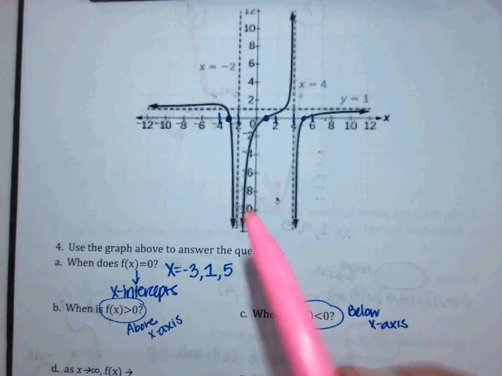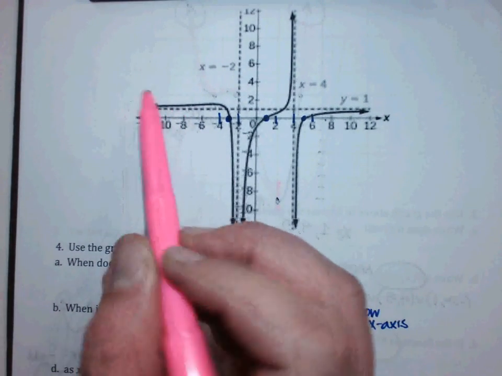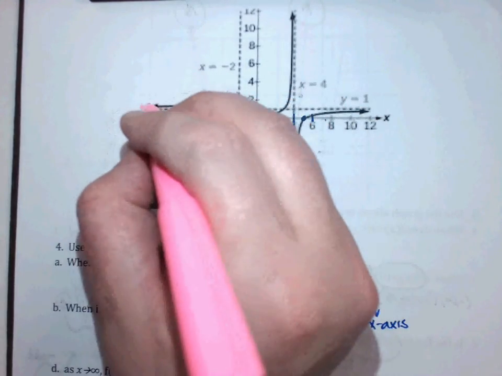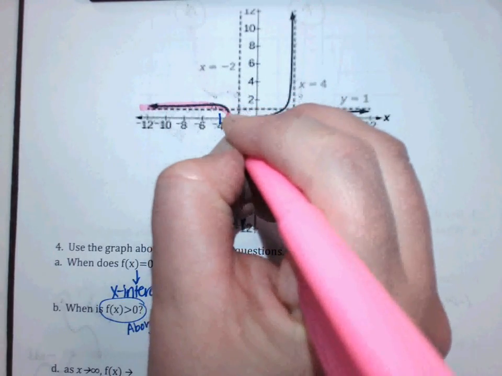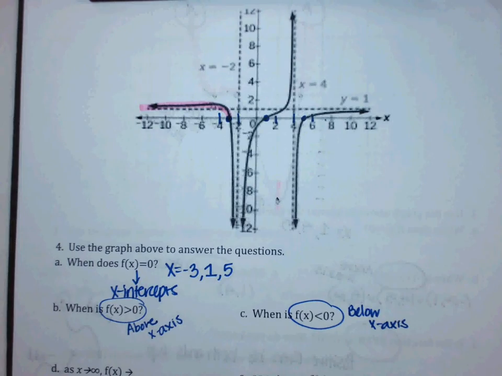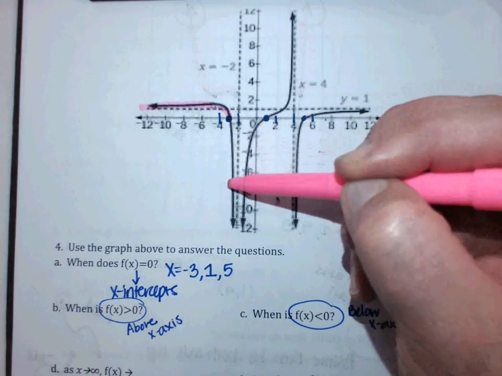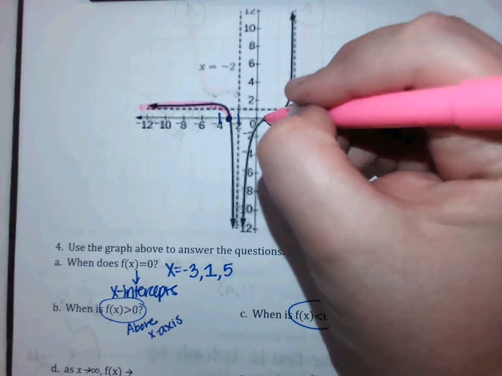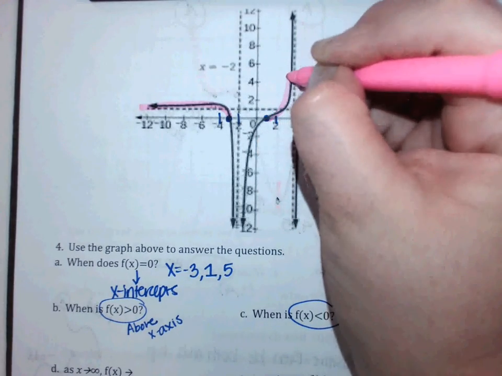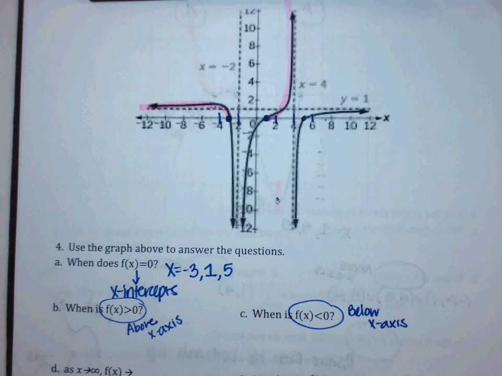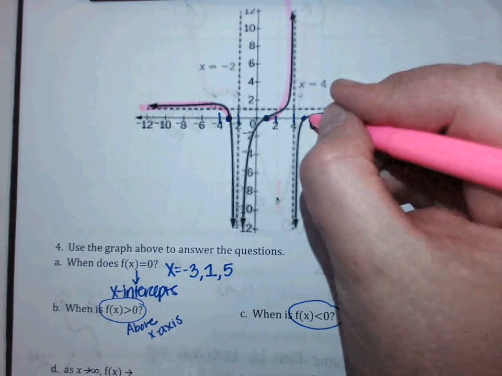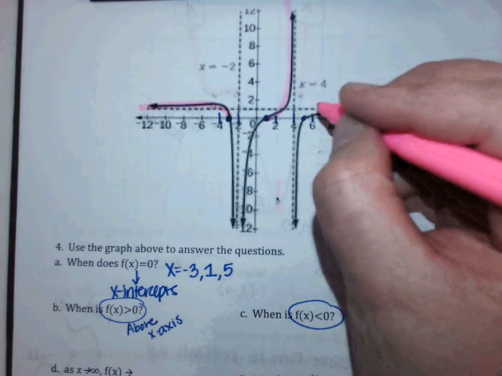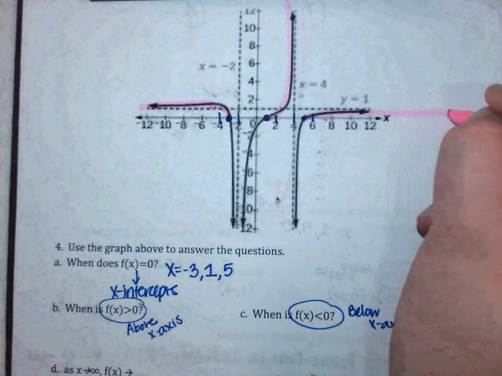Is it above the x-axis here? Yes. When should I stop shading? When I get to where? -3. Then I stop. What's this down here? Positive or negative? Negative until when? 1. And then it's positive. When does it turn positive again for the last chunk of the graph? At 5, and it stays positive forever.